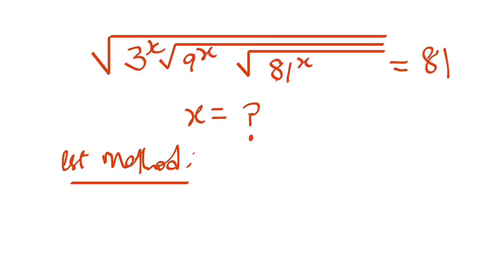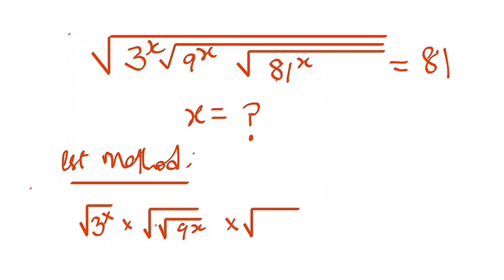So this is going to be the square root of 3 to the power of x, because it's only the one that is having that giant square root, then multiply by the square root of 9 to the power of x, then multiply by the square root of 81 to the power of x, which equals 81.